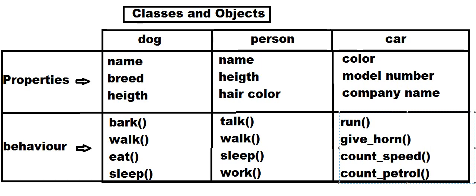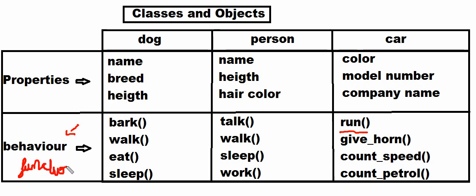Now, all these are the functions, not the properties. These behaviors are also called functions, and functions in programming are called methods.